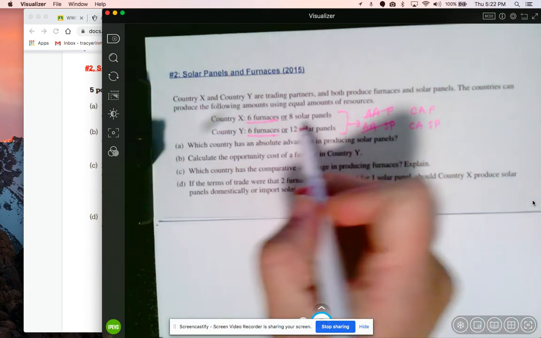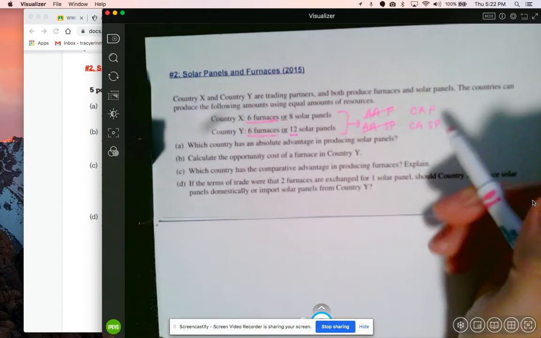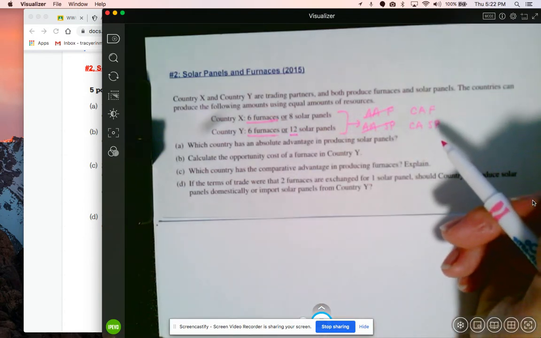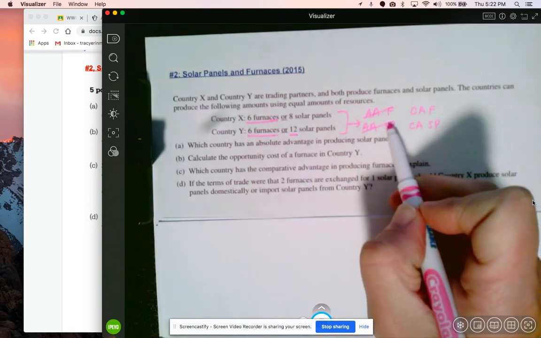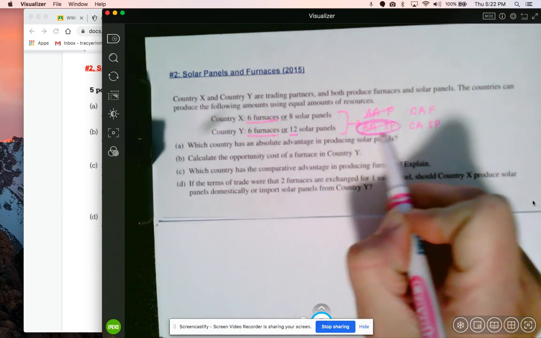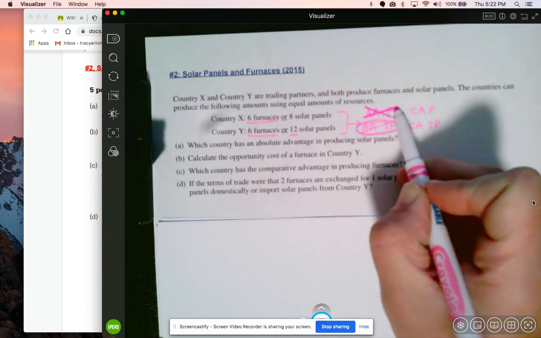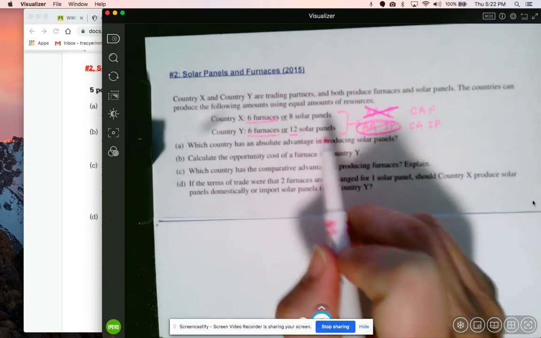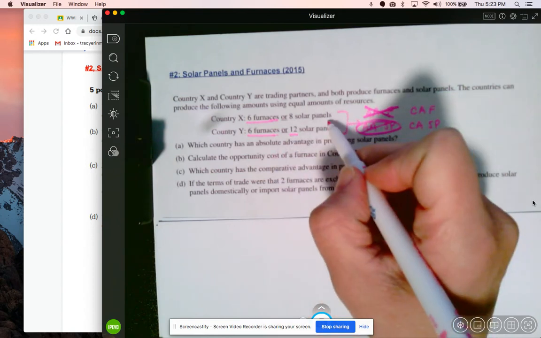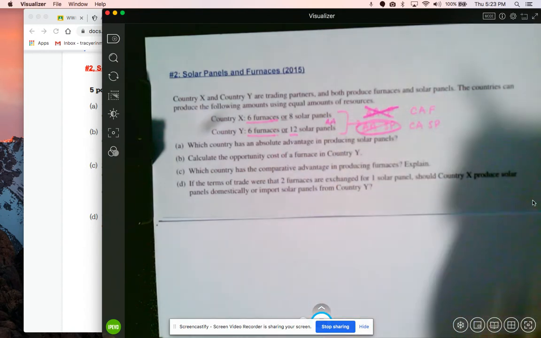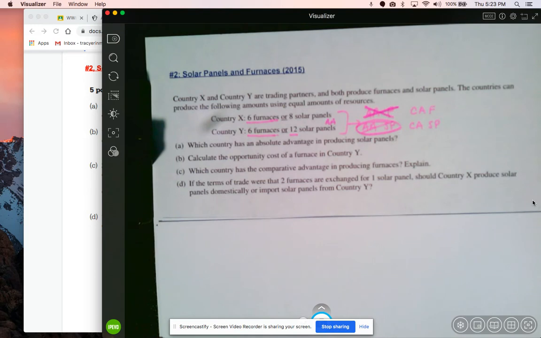So in this case, country Y makes many more solar panels than country X does. And actually, I shouldn't have crossed this out. I got too excited because I was thinking about how neither country did. So no one has an absolute advantage in furnaces, but somebody does have an absolute advantage in the solar panels, and that's country Y. So I'm just going to put a little AA next to them.